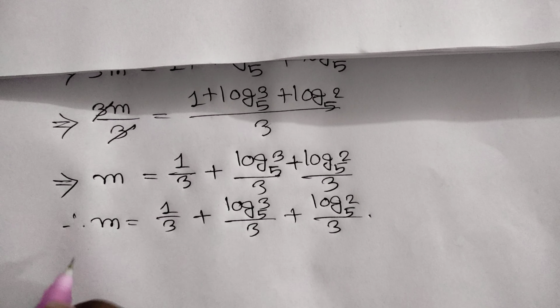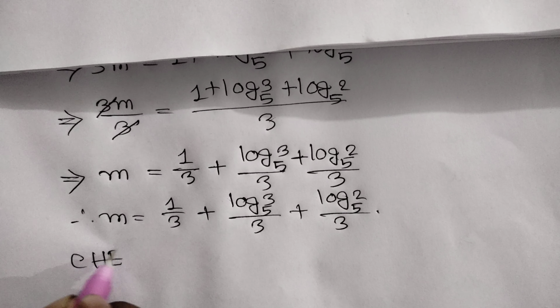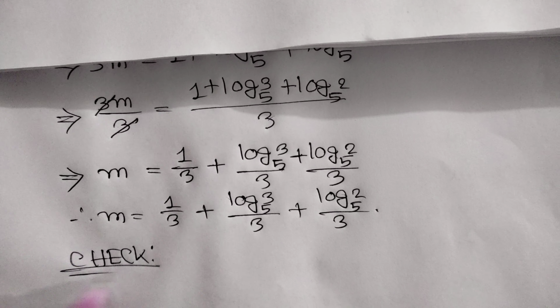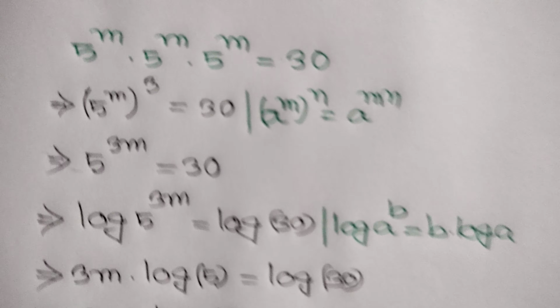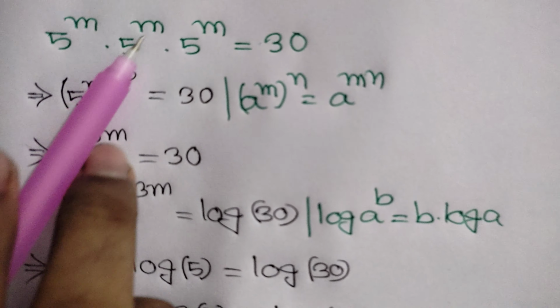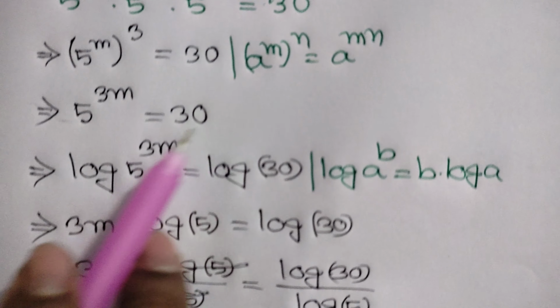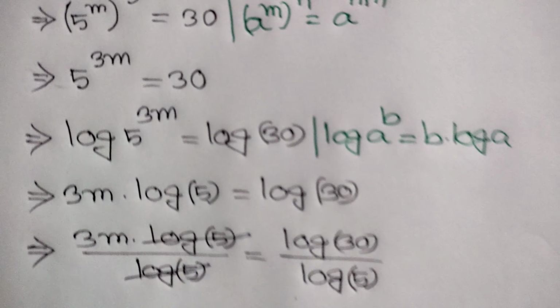Now let's check our question: 5 to the power m times 5 to the m times 5 to the m is equal to 30. We can write here 5 to the power 3m is equal to 30.